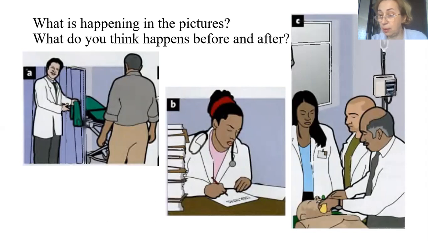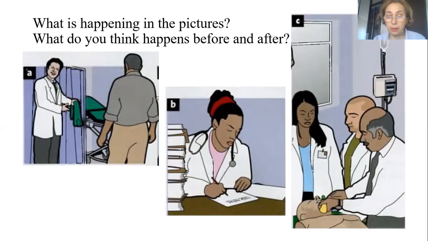Okay, now about picture C, let's listen to Mustafa Sabir. Mustafa? About picture C. Doctors do examination for patient. Okay.